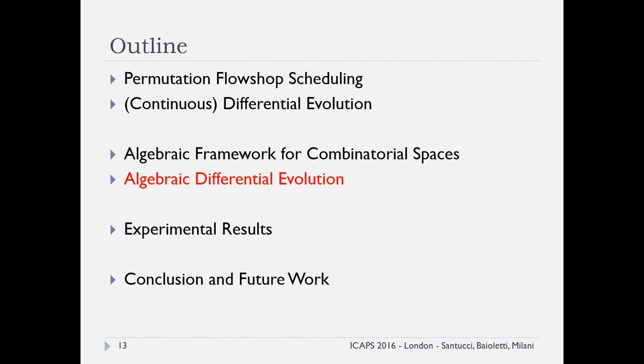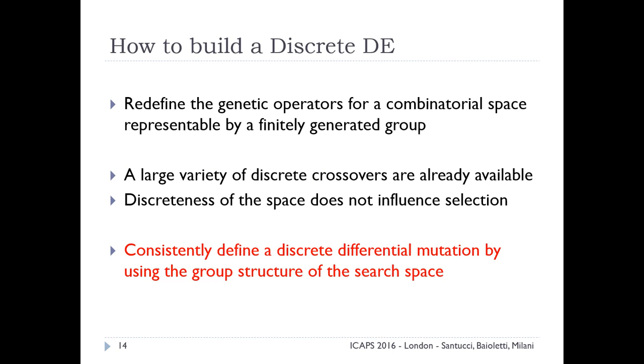And this allows us to build an algebraic differential evolution that simulates in some way the numerical one. So the recipe to build the differential evolution is to redefine, in some way that has to be consistent with the classical implementation, the three genetic operators of differential mutation, crossover, and selection.